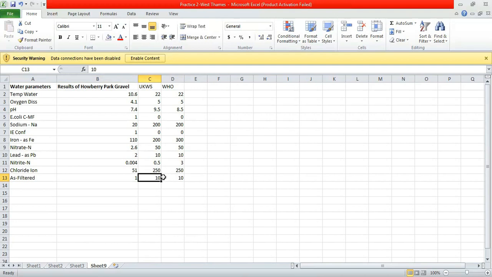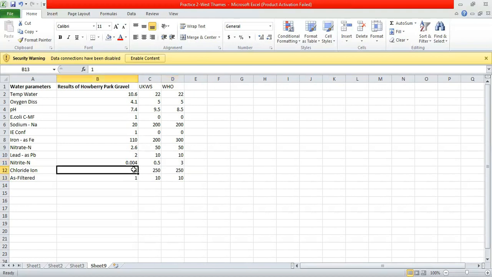So this 10 is also microgram per liter, and WHO is also showing microgram per liter. You can try to convert these values, but if you have the same unit, it is what we need.